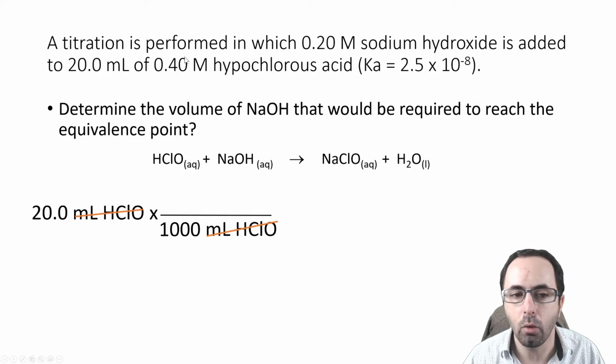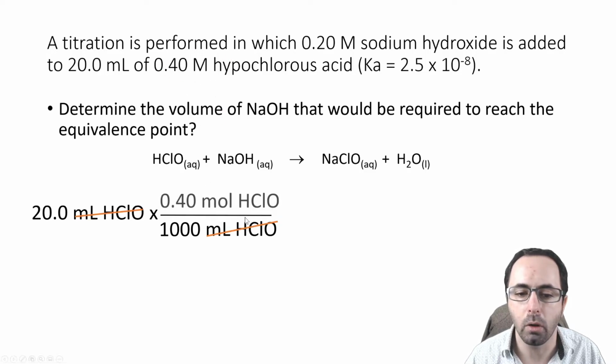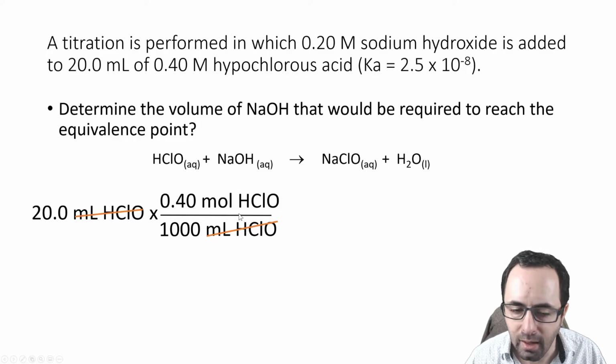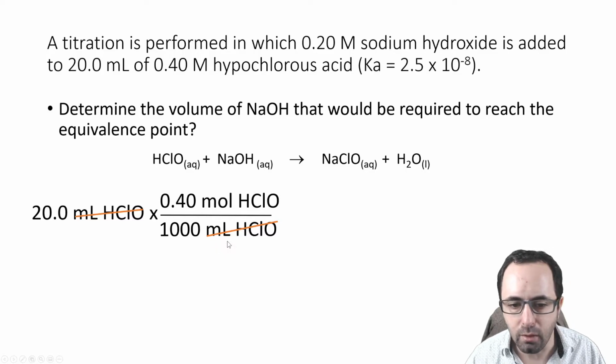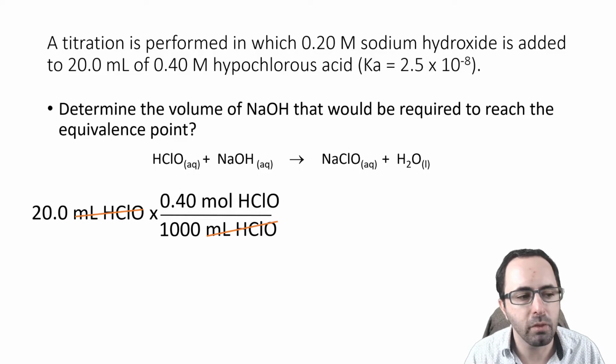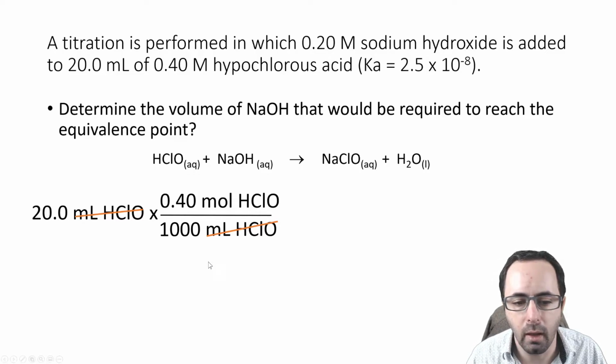And the other side here will be 0.4 moles of hypochlorous acid. I could put per liter here, but that wouldn't cancel with the milliliters. So I put the equivalent of a liter, which is 1,000 milliliters. This is a little shortcut that I use. Instead of putting moles per liter, I put moles per 1,000 milliliters. That saves us one conversion factor and squeezes our work down. It's perfectly fine if you use this shortcut like I did.